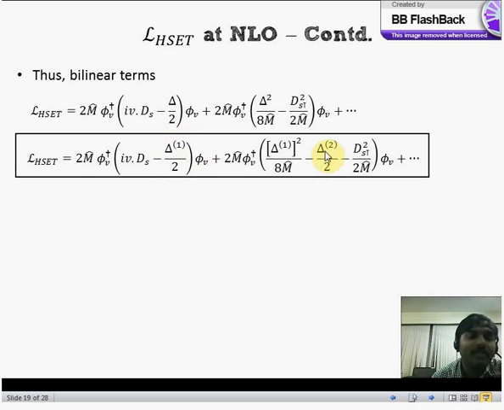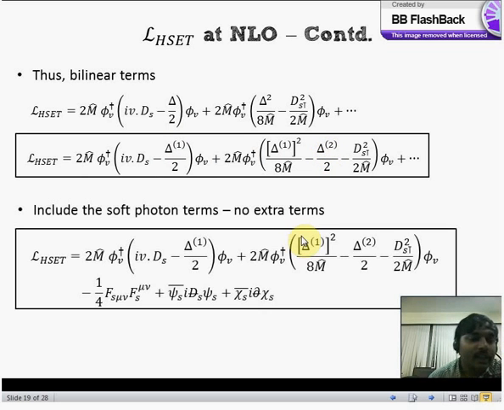The delta 2 is the new delta calculated to second order. Nice. So you include all the soft photon terms, and there are no extra terms over here. You just include all the soft photon terms with the kinetic terms and the interaction terms over here, and they form the full heavy scalar effective theory Lagrangian at NLO.